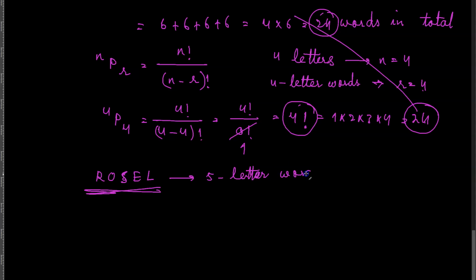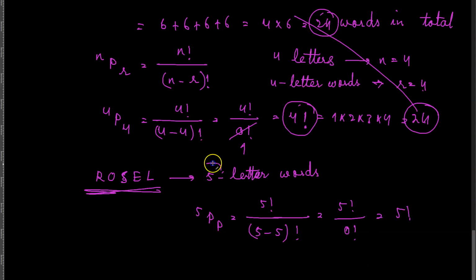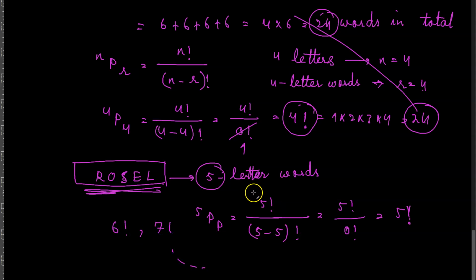Based on what we said here, we can calculate that as 5 permutation 5, which is equal to 5 factorial over 5 minus 5 factorial, which gives you 5 factorial over 0 factorial, which is equal to 5 factorial. When you have 5 letters, and when you want to create 5-letter words, you will get 5 factorial. If you have 6 letters and if you want to create 6-letter words, you will get 6 factorial, 7 factorial, and so on and so forth, right?